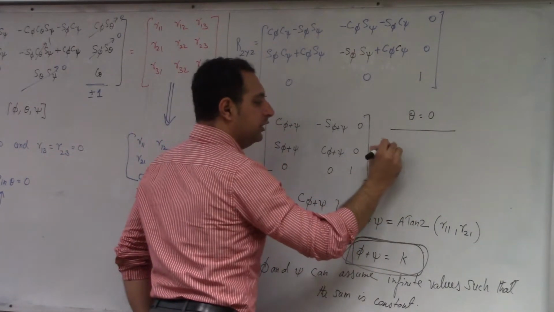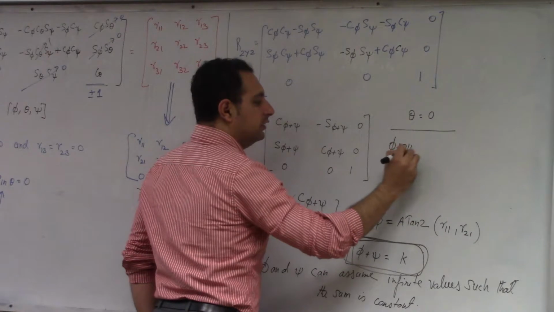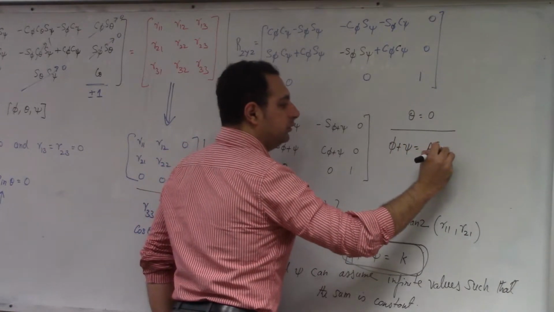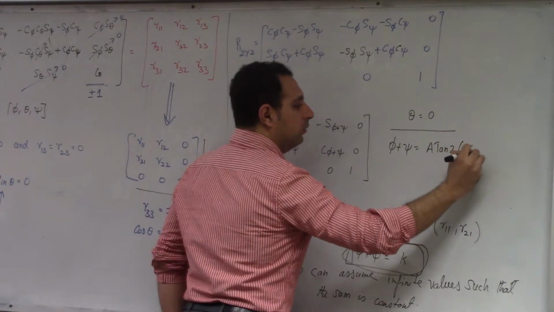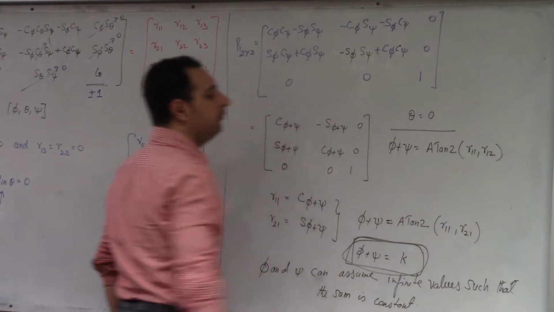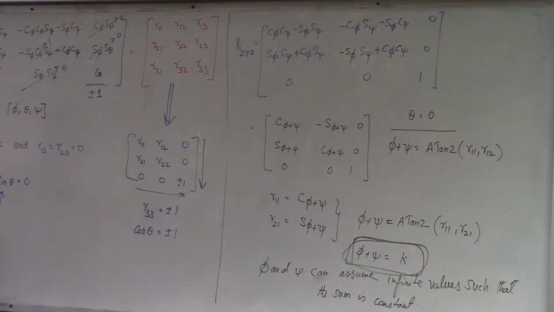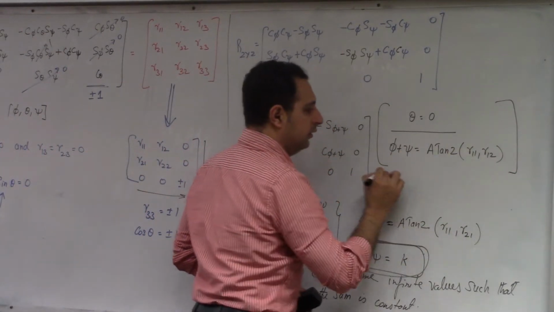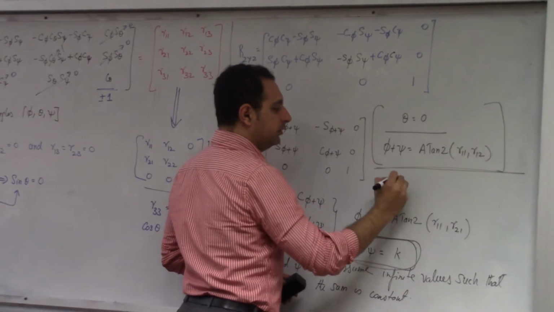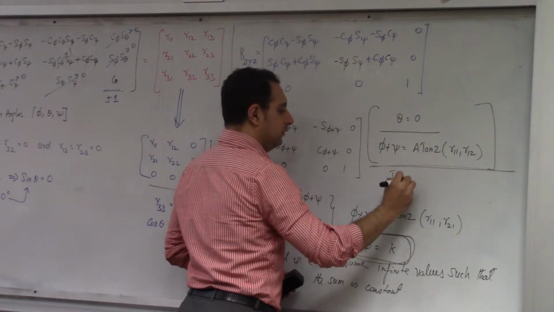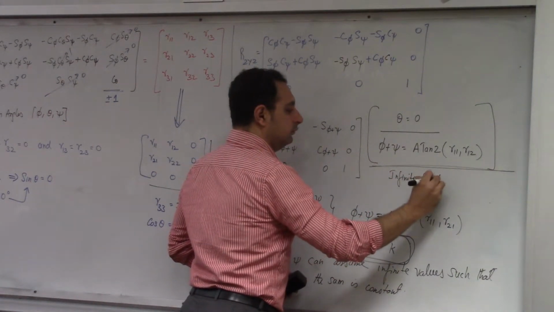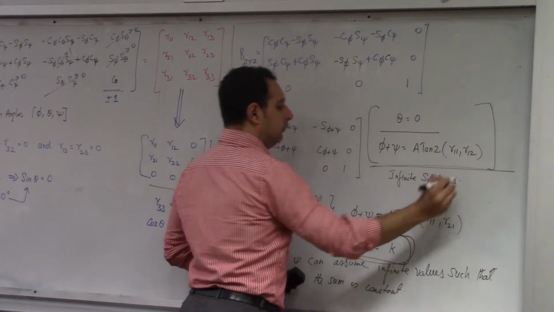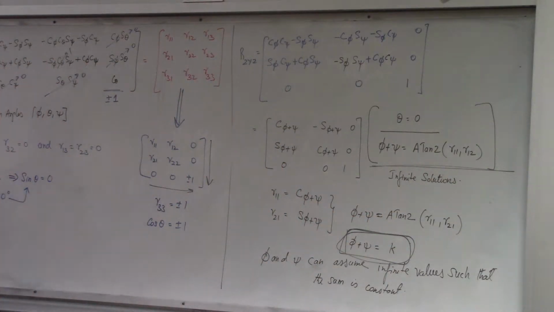And the other solution is phi plus psi is equal to atan2(R11, R12). That will be the only solution. And these two you will have infinite solutions; you won't have a definite solution, you'll have an infinite set of solutions because of this.